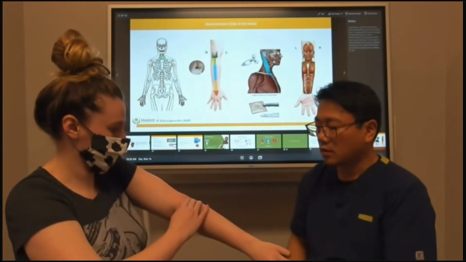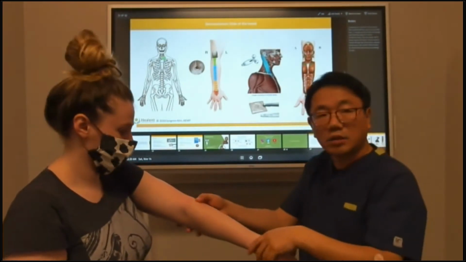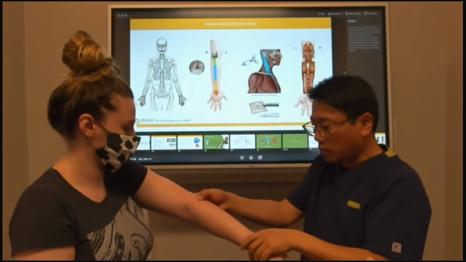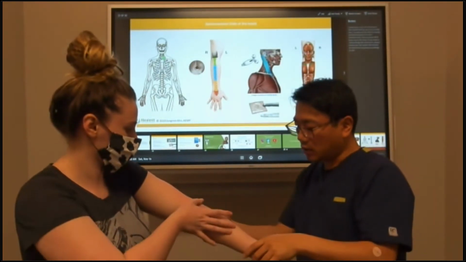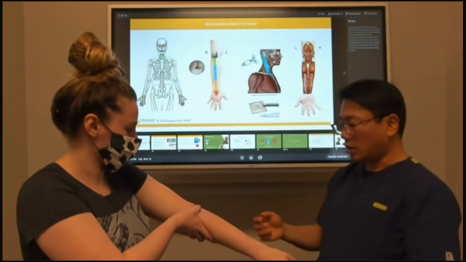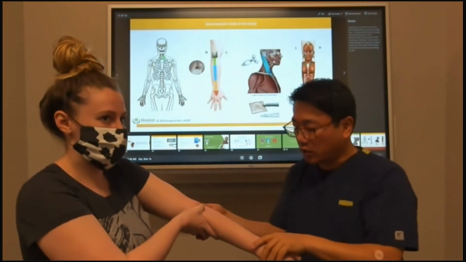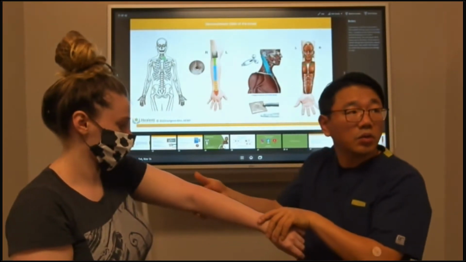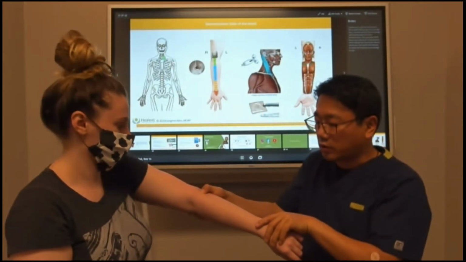It's better to go with the thumb, this way. Could you go this way? Yes, good. If you hold it like here, then you can have more pressure.